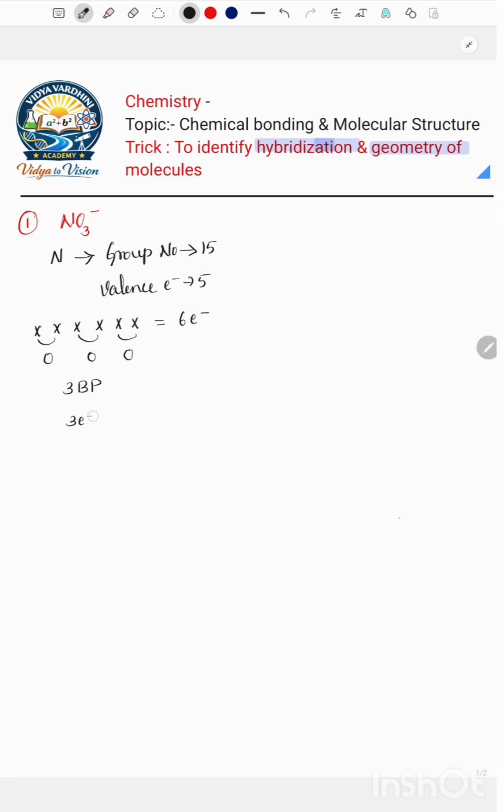When there are 3 electron pairs, we know the hybridization is sp2 hybridization. As there are 3 bond pairs and 0 lone pairs, the shape or the geometry of the molecule is trigonal planar. Let me take another example so that you will get good clarity on the concept.